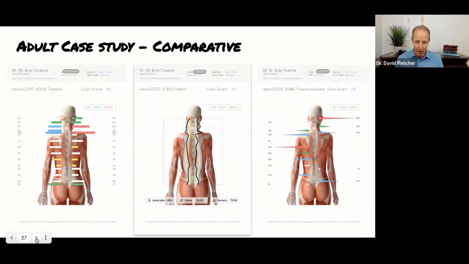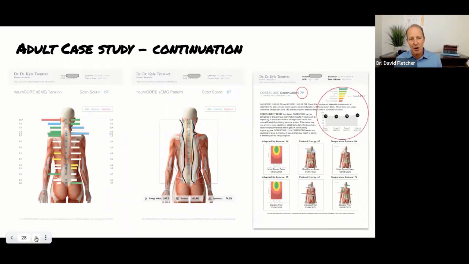They've calmed down, and granted that we're a little bit on the low side, but the symmetry is coming up. And we're starting to see that there's this balance coming back in, and there are many less shear forces affiliated with it. And as we go into this region, we still see that we're struggling into this fourth scan region. But here's what you need to understand: the cervical spine is starting to really reorganize beautifully.